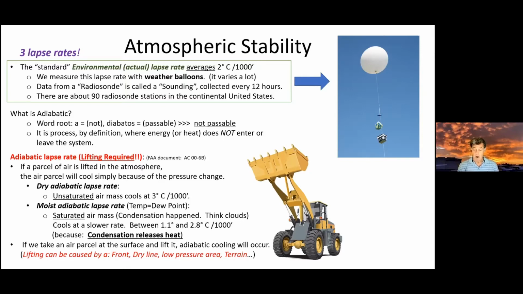So if I take a parcel of air and I lift it and it has condensation, in other words, it reaches its dew point as it cools, the minute that happens, as I continue to lift it into the air, it's still cooling, but it's cooling at a slower rate because when there's condensation, it's generating heat. So it's going to cool between 1.1 and 2.8 degrees C. It won't cool as fast as the dry adiabatic lapse rate. This condensation process is slowing down the cooling process. So this becomes very important going forward as well.